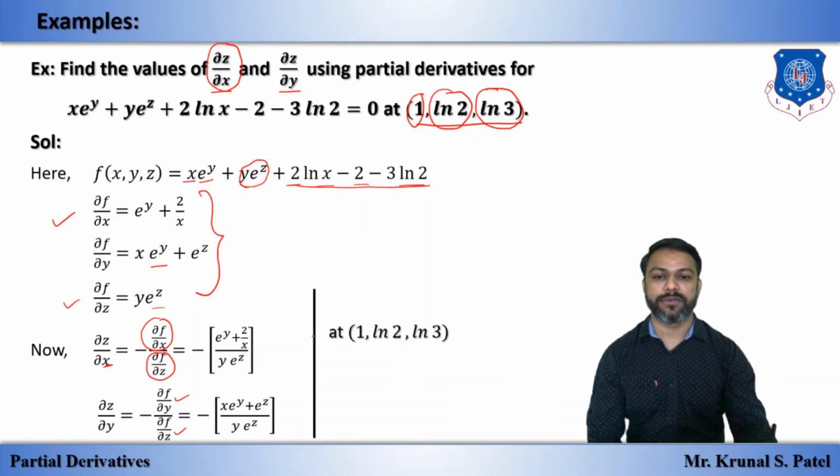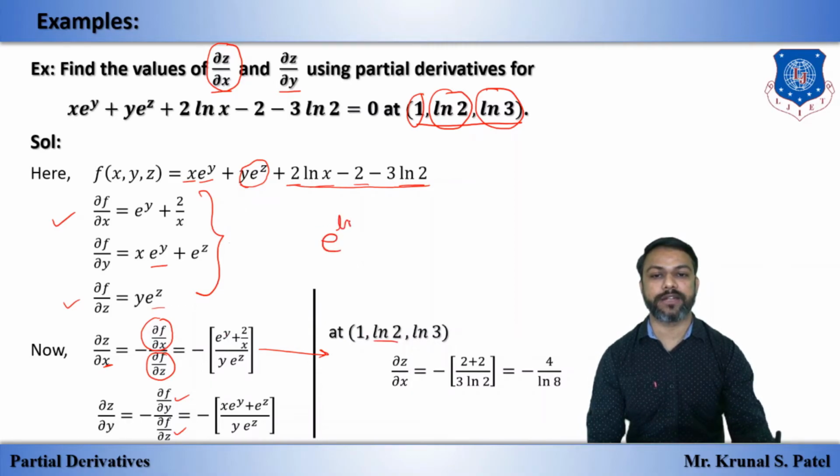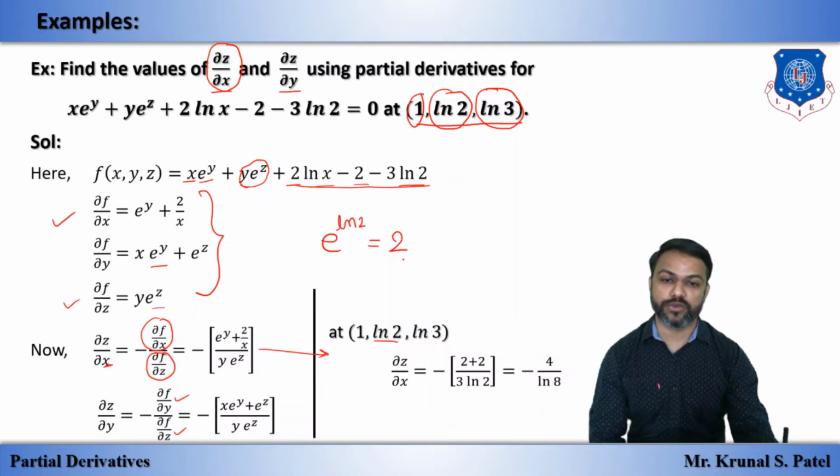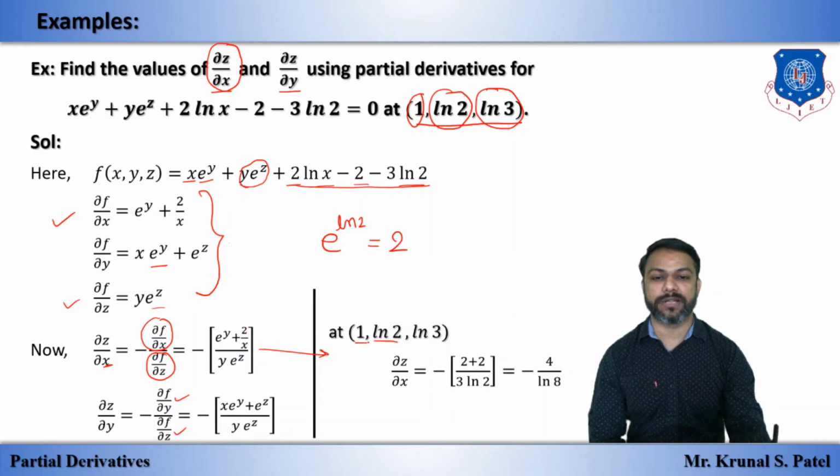So first, if we put in this, we have del z by del x equal to minus, as it is, e raised to y. We have y is ln2, so e raised to ln2, and as we have just seen previously, the answer is 2, plus 2 by x, x is 1, so 2 by 1 is 2, so 2 plus 2 is 4, which is here.